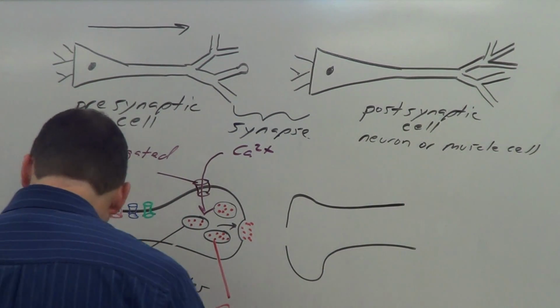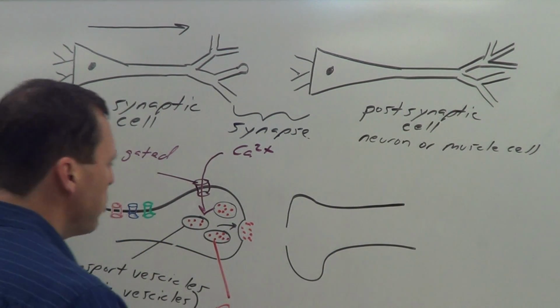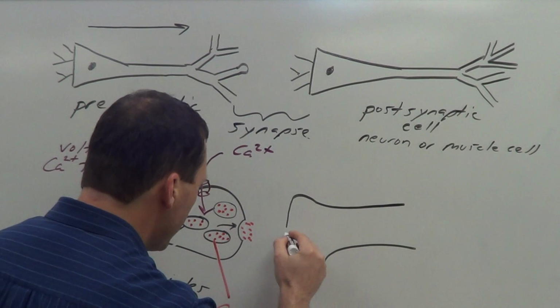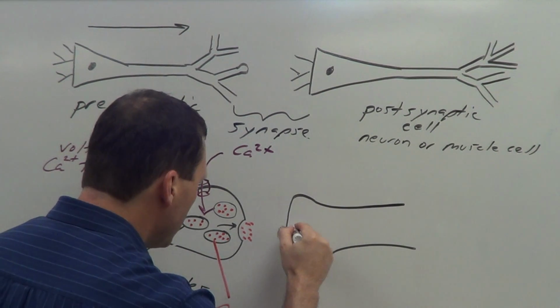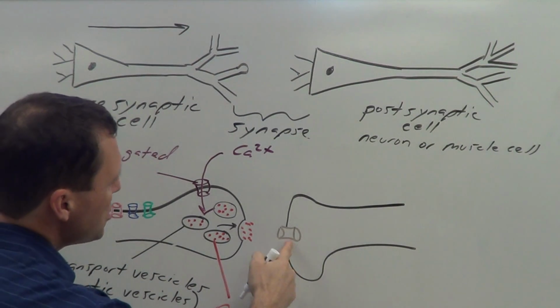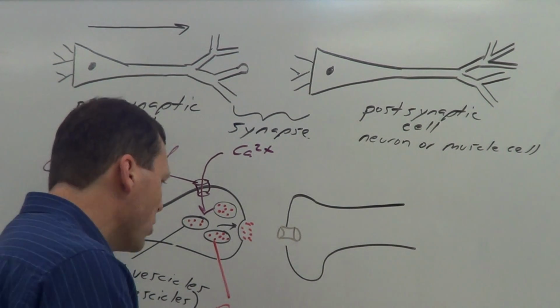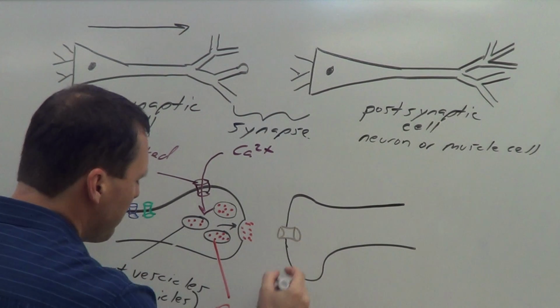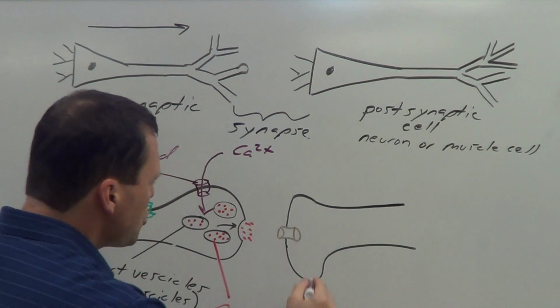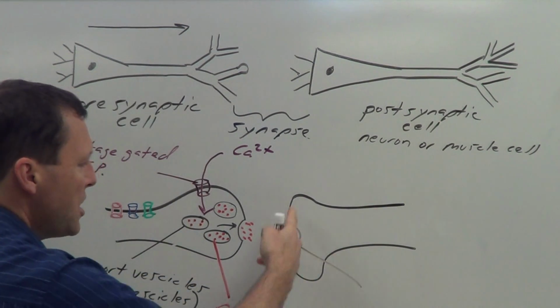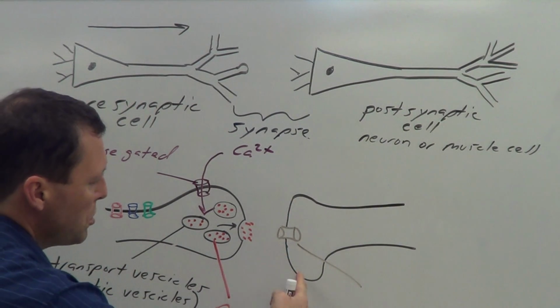And I think I'm going to use brown. See if that shows up. And there it is. And this is going to be a special transport protein. And again, there's tens to hundreds of these transport proteins around here.